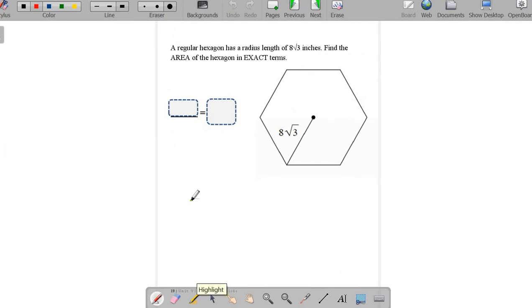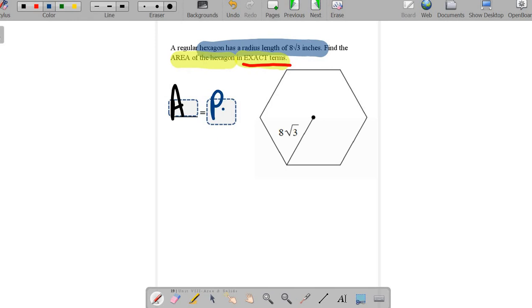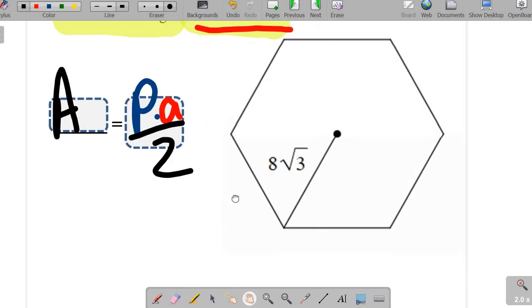It says the regular hexagon below has a radius length of 8√3. Find the area of the hexagon in exact terms. Exact means no decimals. So let's see what you have here. We want the area. So area equals perimeter times apothem over 2. Physically trace your perimeter.